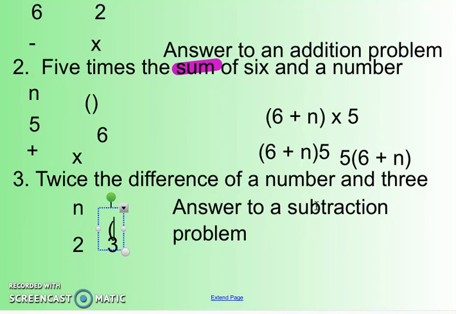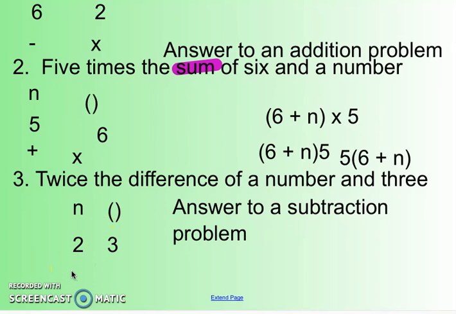So we put parentheses around them, because we're trying to find the answer first, and then we can take twice that, 2 times that amount, or 5 times the amount in the previous problem. Parentheses go around any problem that has sum or difference in it. Now, product and quotient, we really don't need to put parentheses around, because they would come first anyway before adding and subtracting. So we don't need to worry about that.